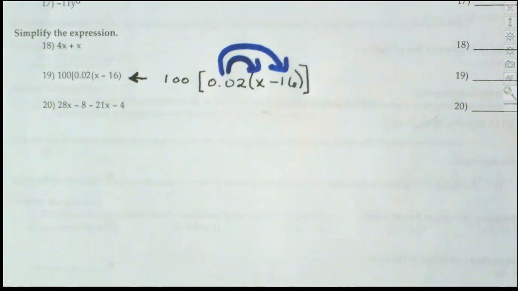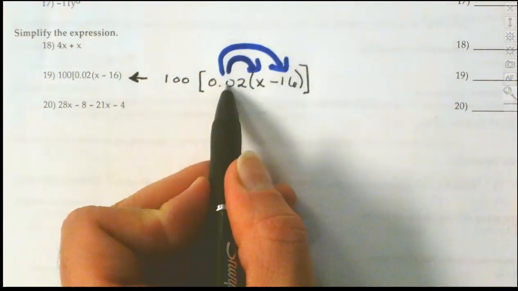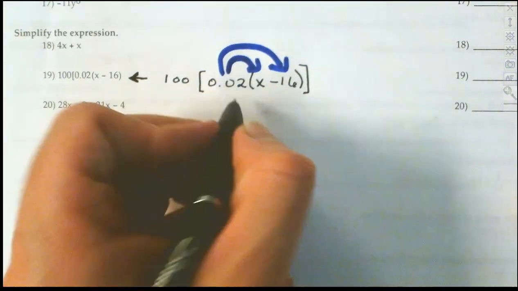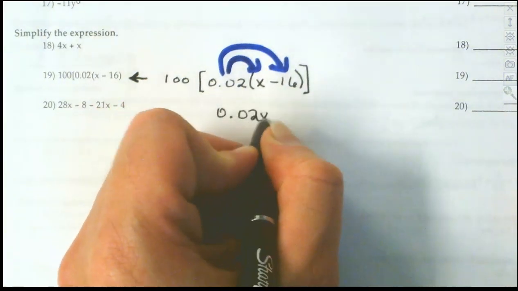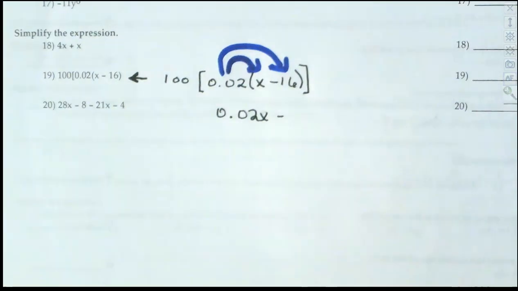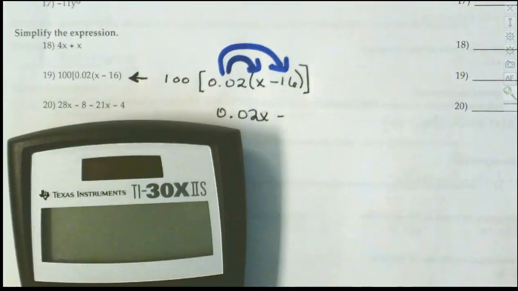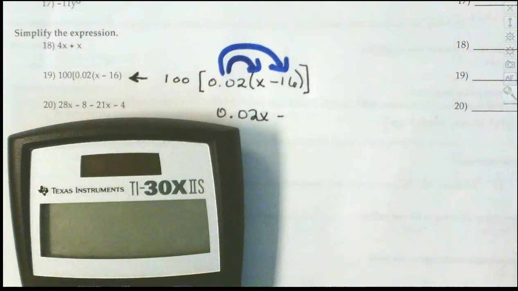So I would go ahead and distribute that 0.02 through. So that's going to be 0.02x. And then for the next piece, when we distribute through here, we know it's negative. And so 16 times 0.02, that's going to come out to be 0.32.